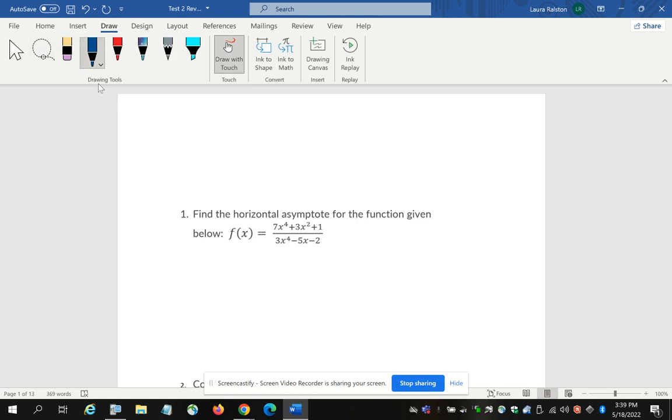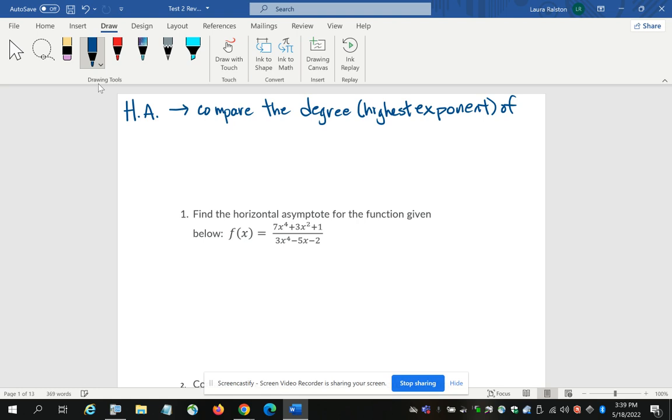To find the horizontal asymptote of a rational function, you have to compare the degree, which is the highest exponent, of the numerator to the degree of the denominator.